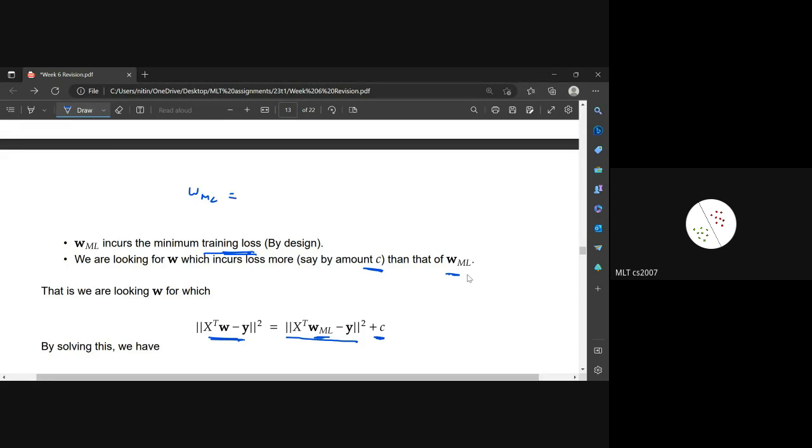We obtained WML using this problem, the minimum norm of X transpose W minus Y. And what is this thing? This is the training loss. Since we obtained WML as the solution of this, it means that this particular W suffers the minimum training loss, and any other W will incur more or at most similar loss. It's not that another W can incur less error than this one.